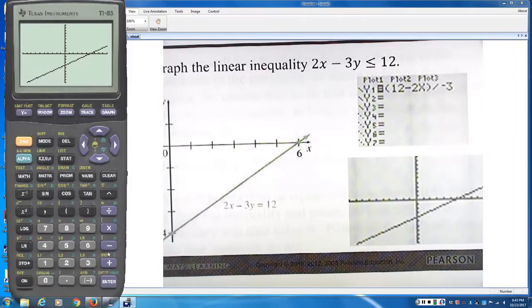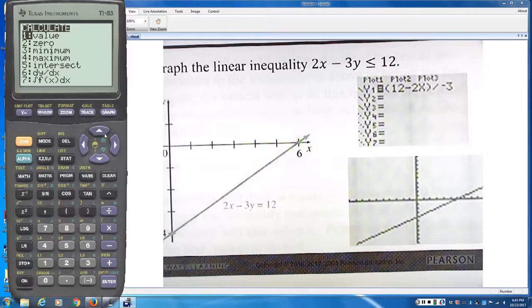The other thing you can use it for too is to find your x and y intercepts, if you ever need to and you've already drawn the graph. You just go to second, trace, and value will tell you, if you let x equal 0, where your y-intercept is. And on that same menu, second, trace, if you go down to 0 and you move just a little bit to the left of the x-intercept and press enter, and then move just a little bit to the right of the x-intercept, be sure you cross the axis, and press enter.